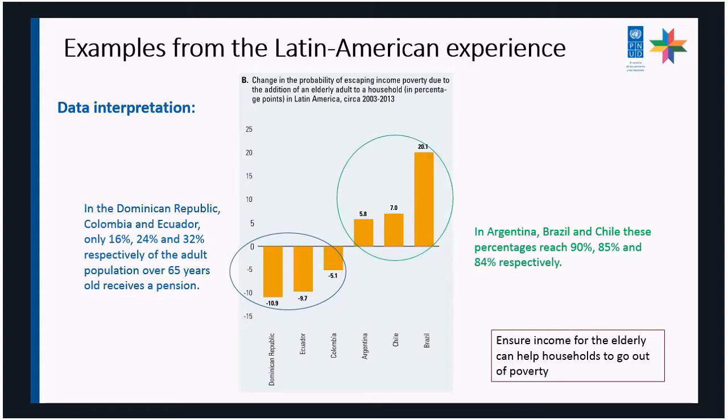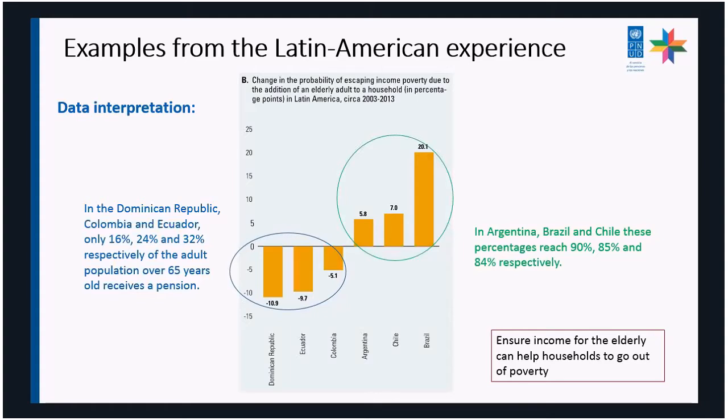So in that sense, as Maria Jose just said, the marginal contribution of having an additional child or an additional elderly person in the household reduces the probability of falling back into poverty.